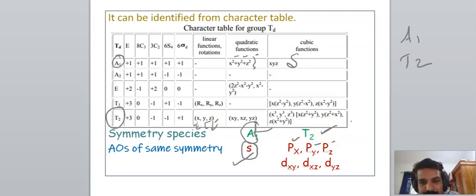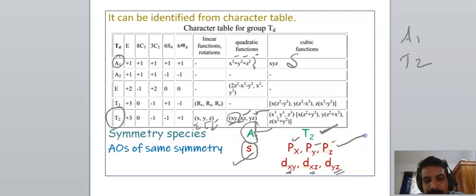And another set you can see here: xy, xz, yz. That is, xy means the d orbital dxy, xz means dxz, and yz means dyz. So there are two sets of T2 orbitals: px, py, pz, and dxy, dxz, dyz.